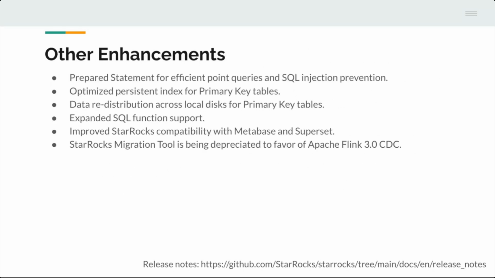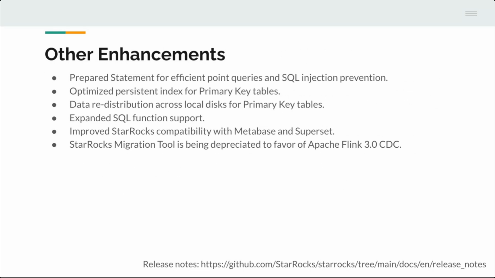And then we've got a bunch of other various enhancements across the board, right? I think the bigger thing is supporting prepared statements now, and better compatibility with Metabase and Superset. Also, there is the StarRocks migration tool. We built it in-house, but we are deprecating it in favor of Apache Flink 3.0 CDC.